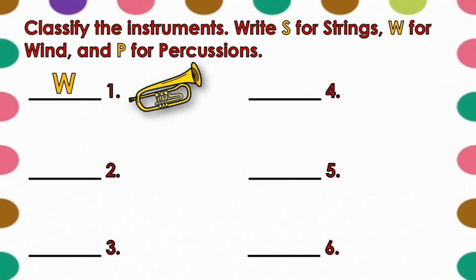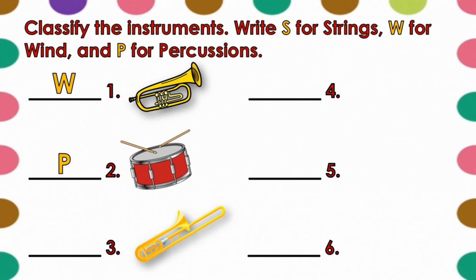Number 2. Drums. What is drums? String, wind, or percussion? Correct! Drums is percussion instruments, P. Number 3. Trombone. What is trombone? String, wind, or percussion?